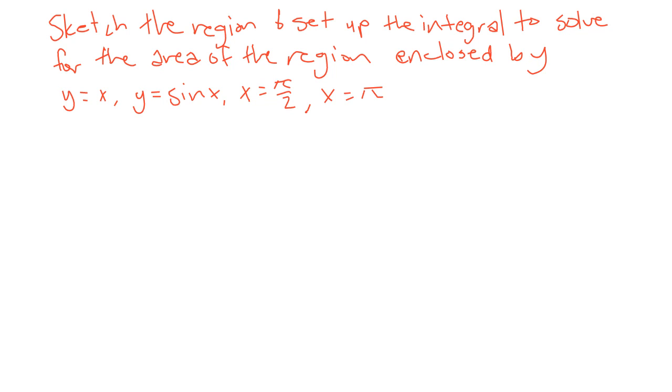Alright, so first let's go and sketch our region. We know this is going to stay within our first quadrant, or at least in our right half. First let's sketch y equals sine of x. The key points for y equals sine of x are 0, pi over 2, and pi.